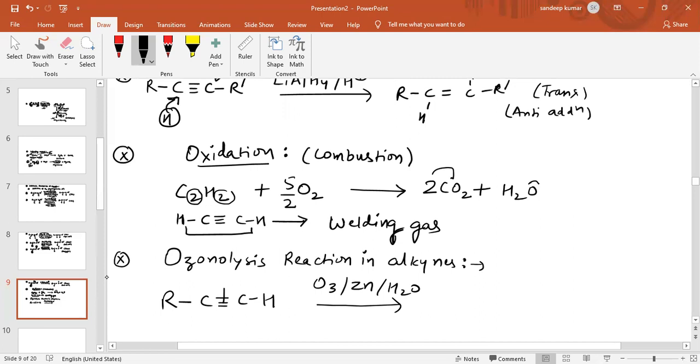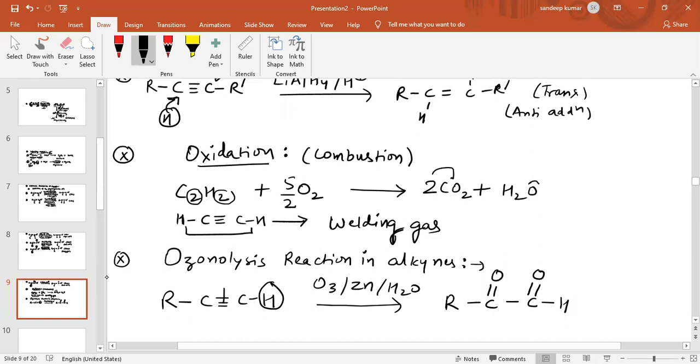In the first step, when the two pi bonds break, it forms R C double bond O. The other carbon also oxidizes to C double bond O, and this hydrogen will remain as it is. With the addition of oxygen, hydrogen is attached on this carbon, so this product is obtained.